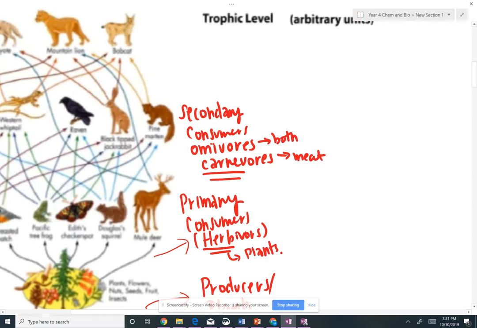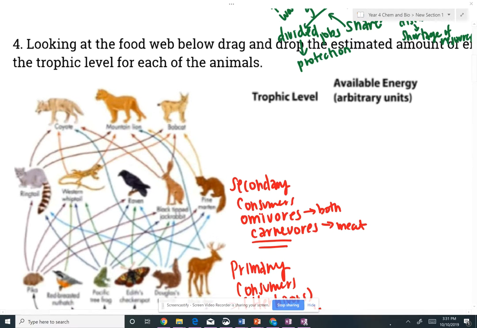Those are our secondary consumers, and then up here towards the top, this is our tertiary consumers. These are usually some of our top predators. These ones are strictly carnivores, and they're the ones that eat meat.